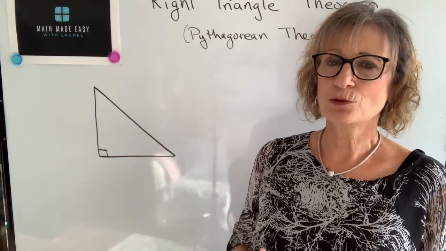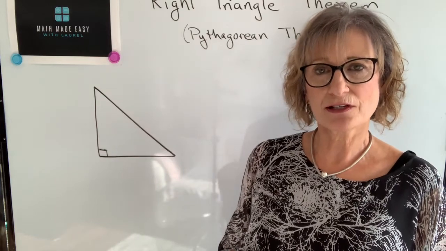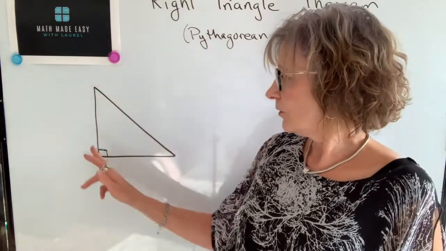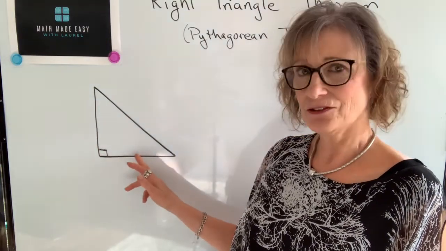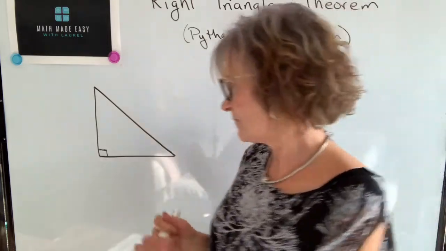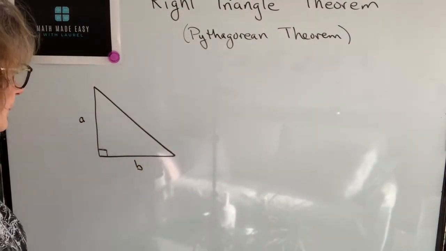And the other thing to note about a right triangle is that there's a relationship between the three sides of a right triangle that's very useful. We're going to call the legs of the right angle in the triangle A and B, and it doesn't matter which one is A and which one is B. Those are interchangeable.